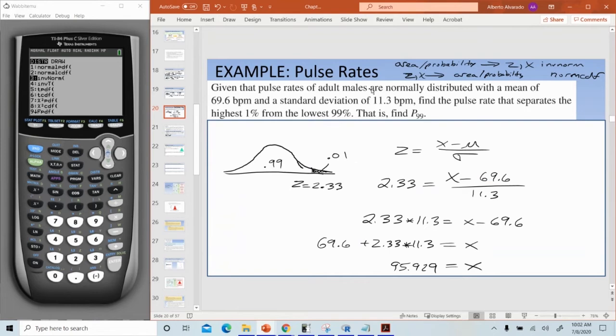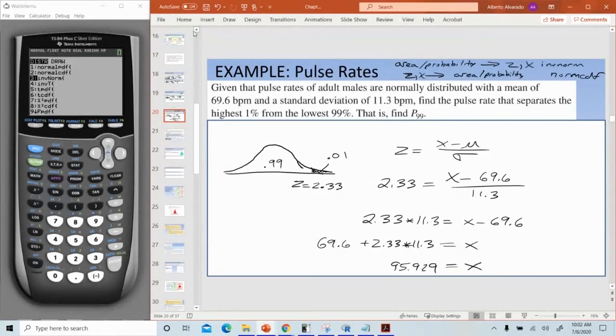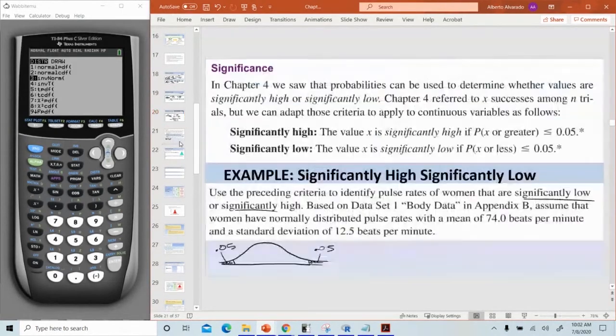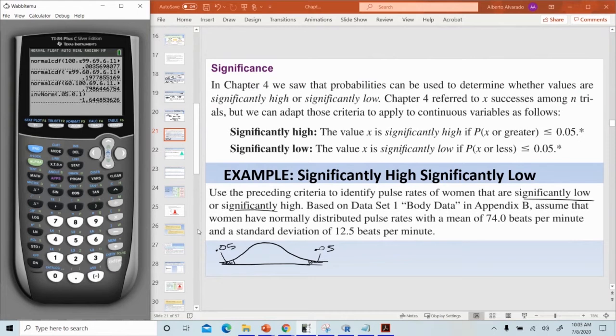If you get that down, you get good with the calculator on those. Slide 20 and some of the other ones with the calculator keystrokes, I think you should have no problem with it. But yeah, inverse norm of 0.05. So I get negative 1.645 for this z-score.